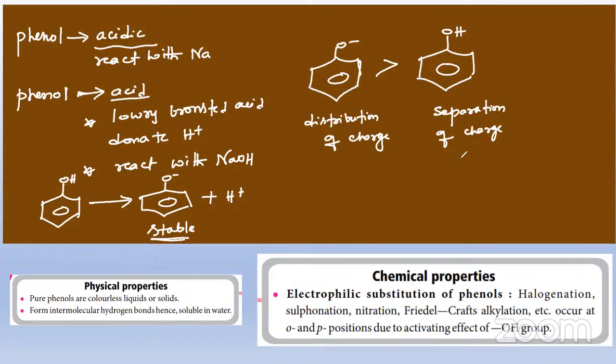When there is a separation of charge, you need more energy. When there is a distribution of charge, you need less energy. And in chemistry, one having less energy is more stable. Pratham, you got it?